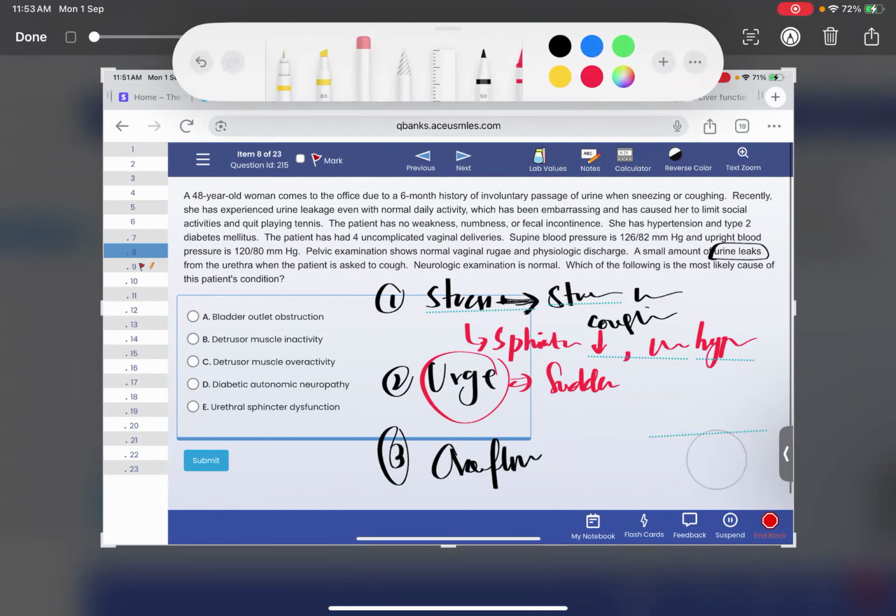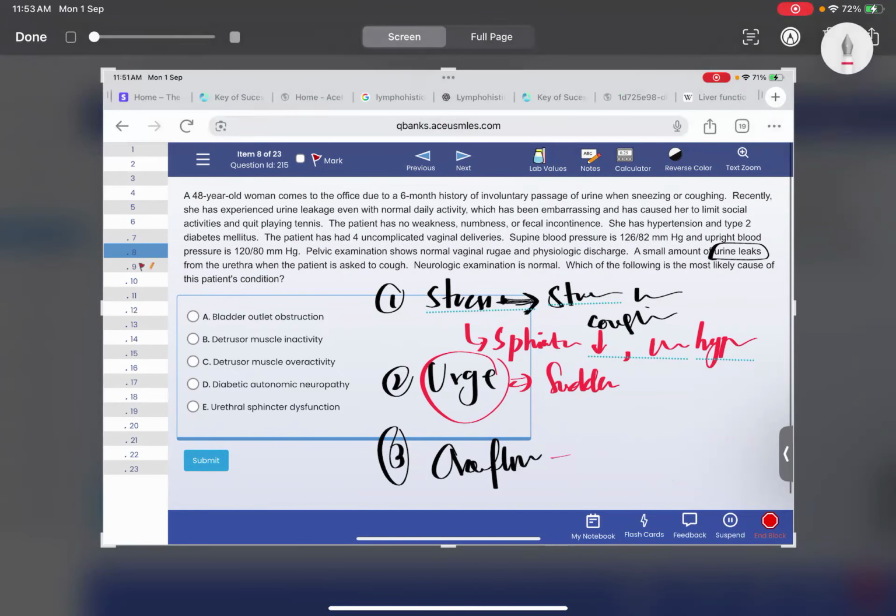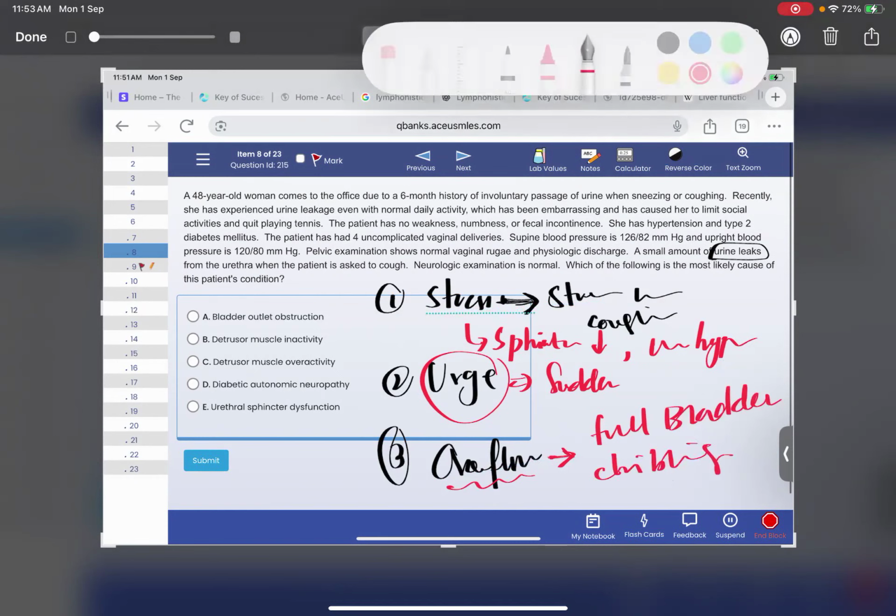And what is overflow incontinence? That always has an increased post-void volume. The patient cannot empty the bladder, so we will always have a full bladder and dribbling. What are the causes of this?